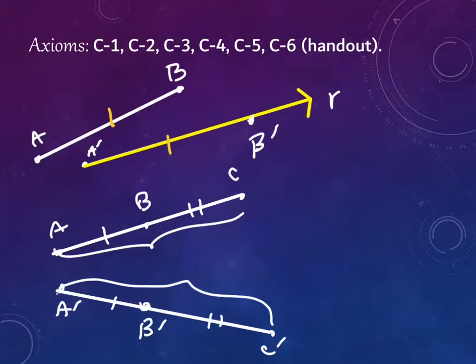Axiom C4 says if we have an angle, so we're moving away from our segments now, given an angle BAC, where by definition ray AB is not opposite to ray AC, and given another ray A prime B prime emanating from another point A prime, there's a unique ray A prime C prime on a given side of the line, such that you can create congruent angles. All right, so nuts and bolts, this says that if I have an angle, I can create another congruent angle.